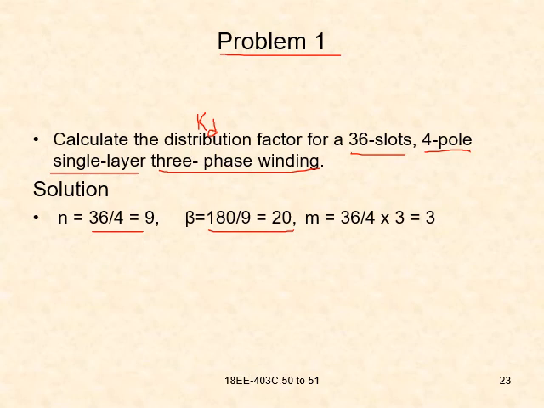Full pitch, that is the number of slots per pole, that is n. β is equal to 180 by n, and m is equal to the number of slots per pole per phase. So m is equal to 36 by 4 into 3, that gives 3.